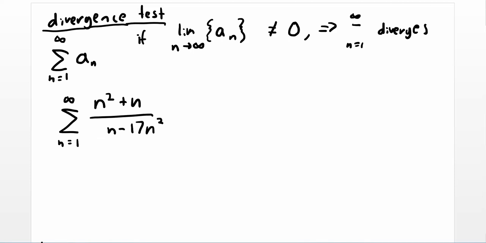Okay, so we take the limit, so n goes to infinity, of just this sequence part. And then remember how to take limits of rational expressions. You just consider the highest power terms.